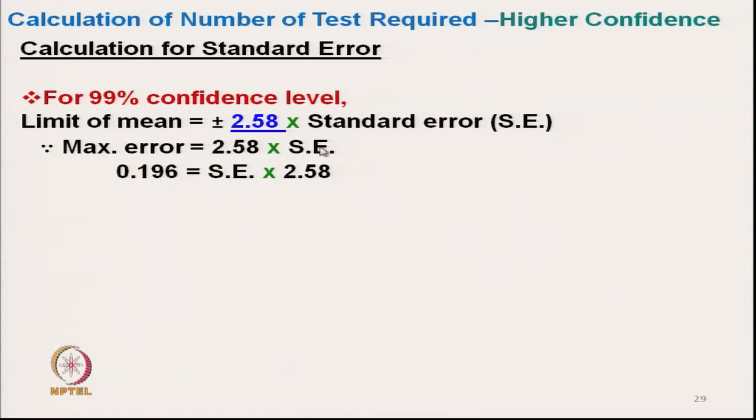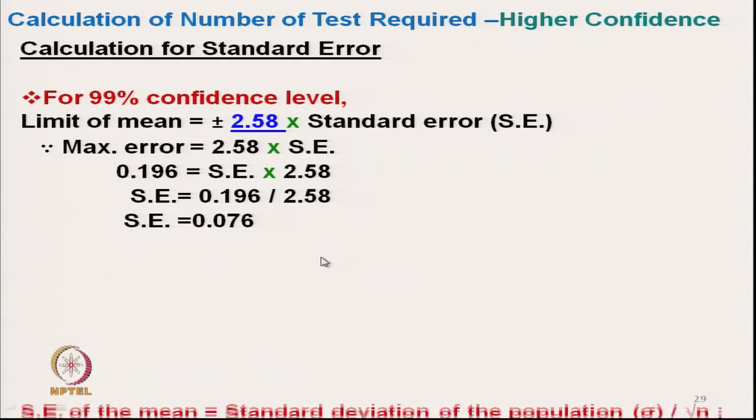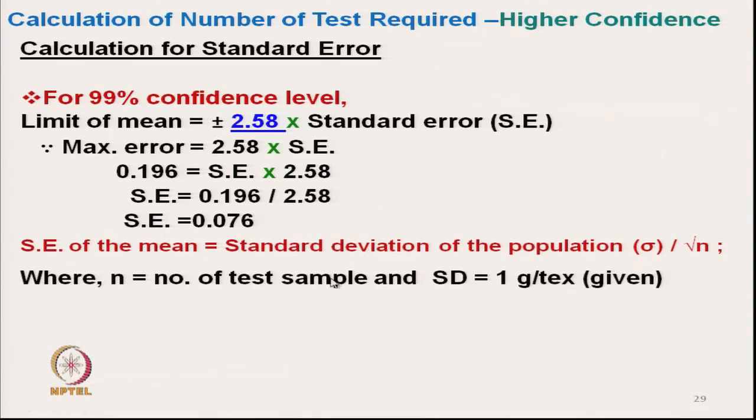So, standard error earlier was 0.1, now it has become 0.076, because earlier it was 1.96, now it has become 2.58. So, standard error is changed, and in the same way we can calculate the number of samples.